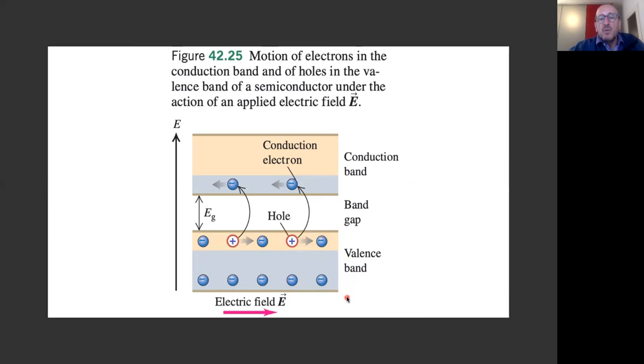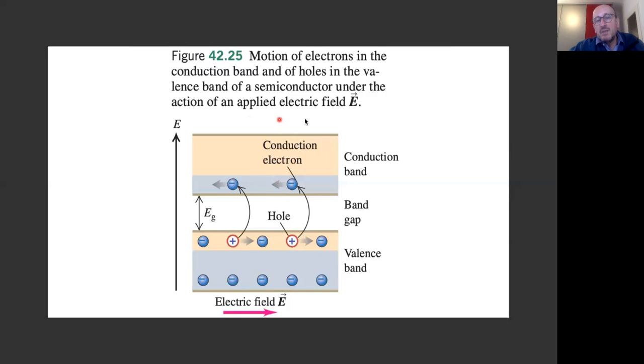Okay, so when you apply a field to a system like this, and the field is pointing to the right of the page, that will make the electrons move in the direction that they are pointing.